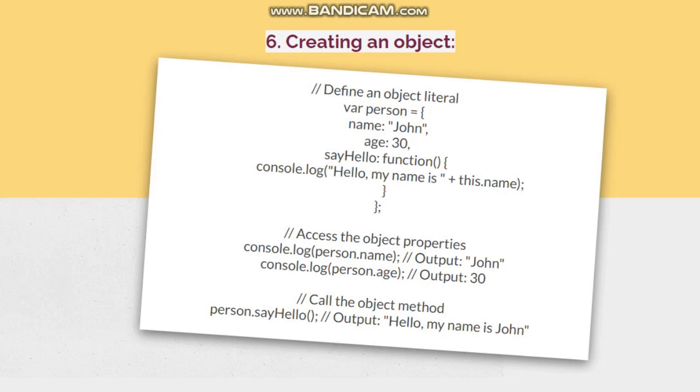Call the object method. person.sayHello(); output: Hello, my name is John. 6. Creating an object.